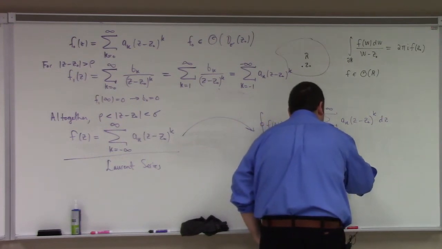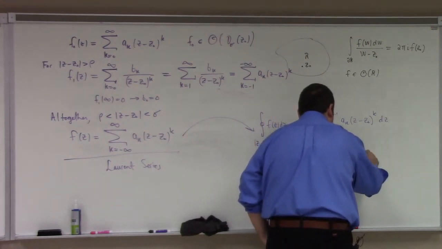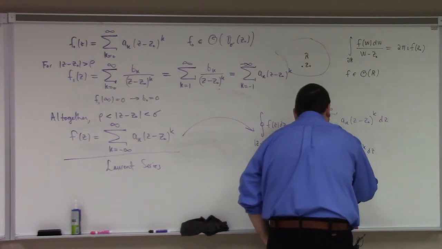And how does that work out? Integral of z minus z naught to the power k dz over the circle centered at z naught. How's that calculation work out?